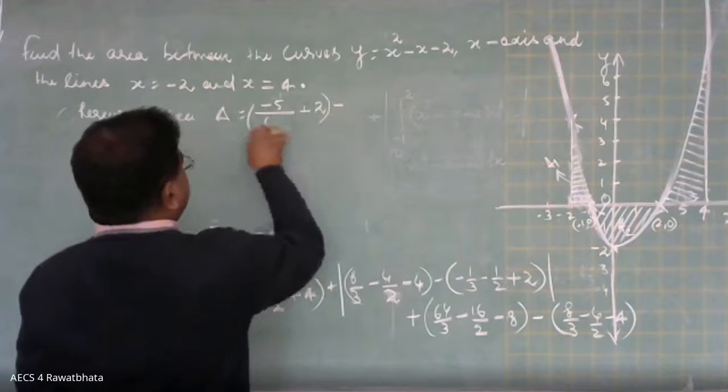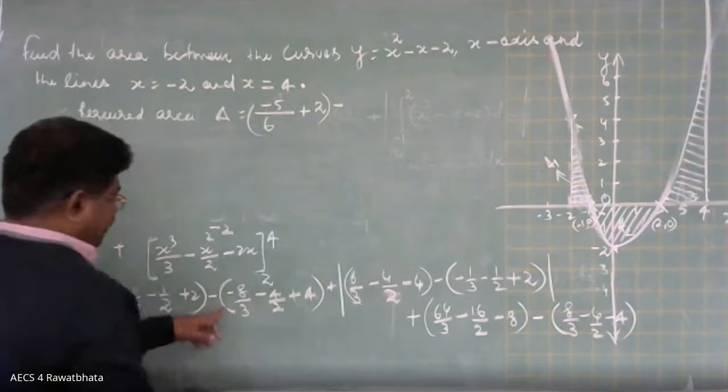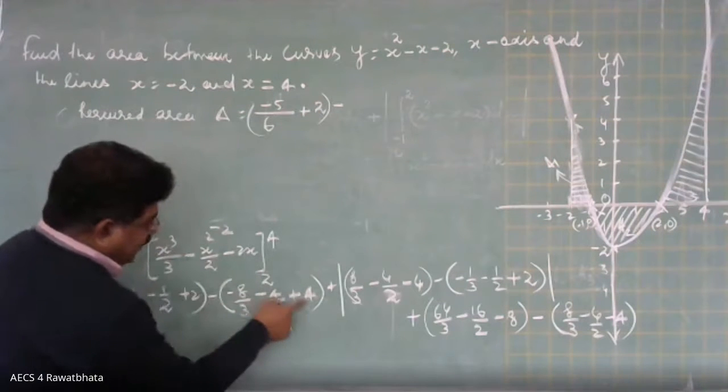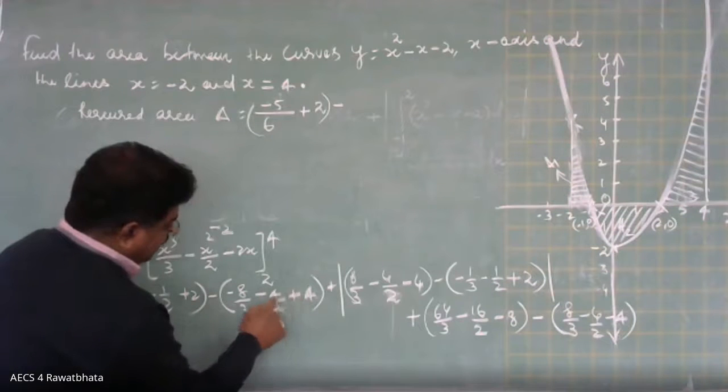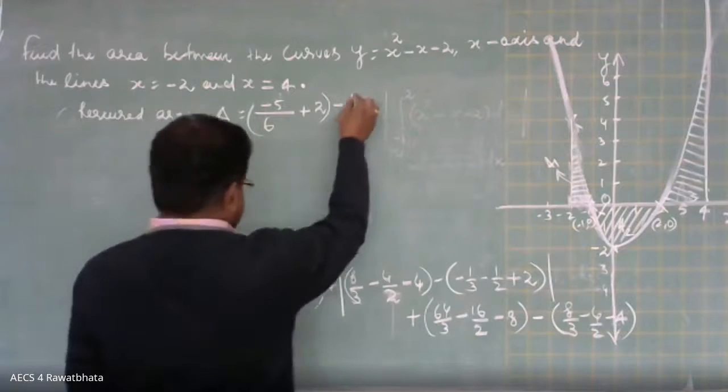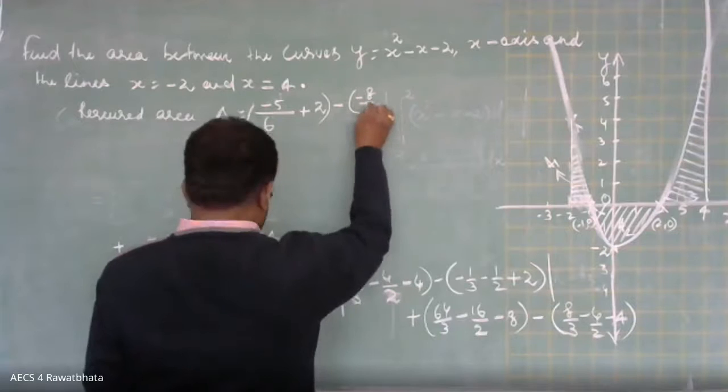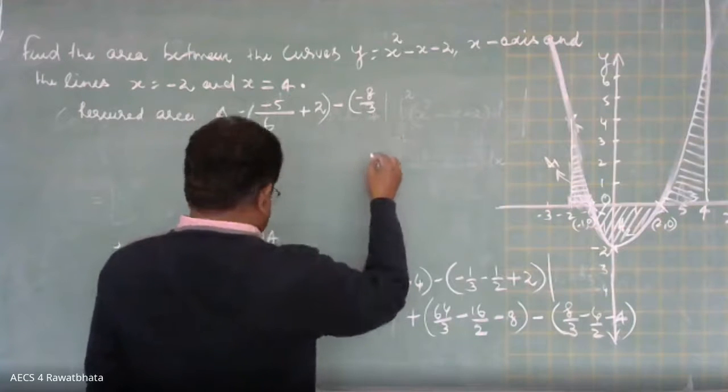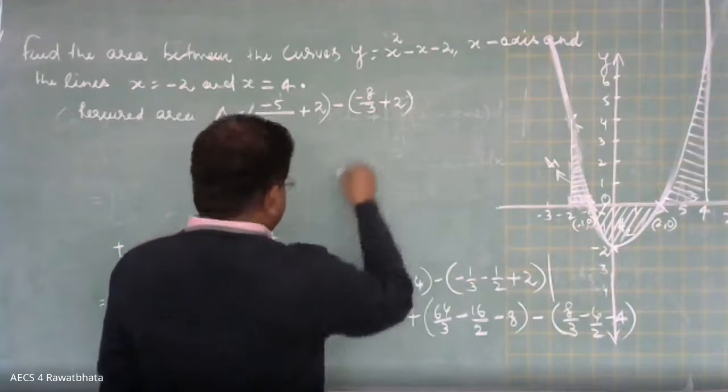And here minus of, minus 2 plus 2 plus 4, that is 2, minus 8 by 3 plus 2. Step by step we can simplify.